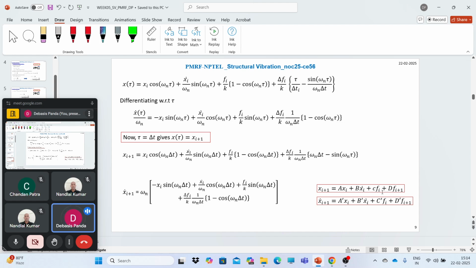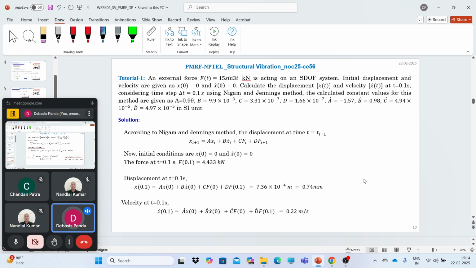Further, we will see how to solve this kind of problem easily. On the next slide, I have put one example of how, using the Nigam and Jennings method, we can solve for the dynamic response at different time instances.